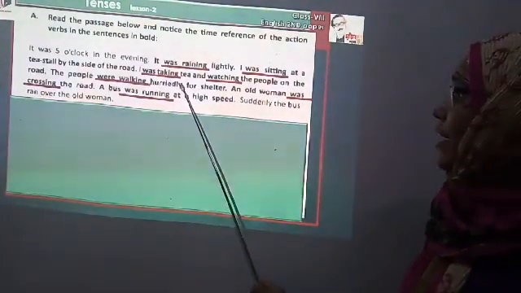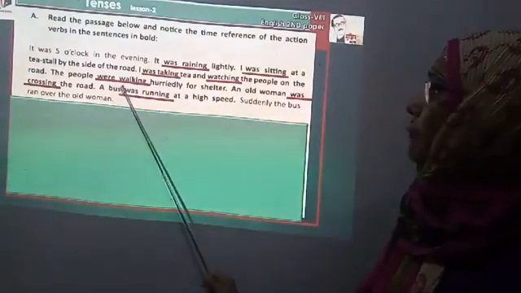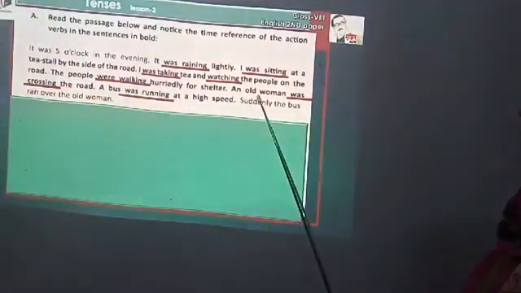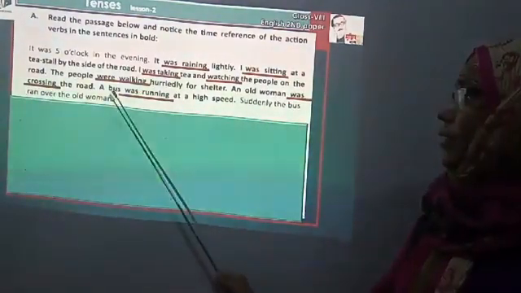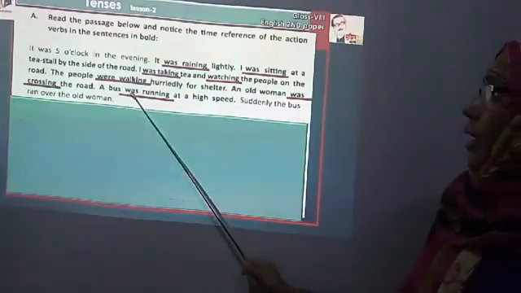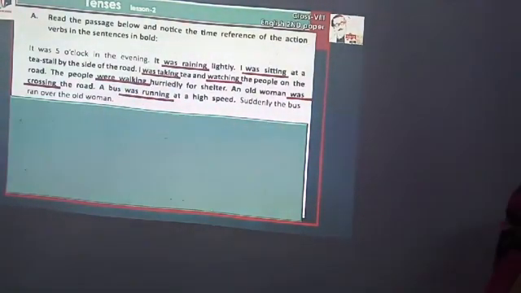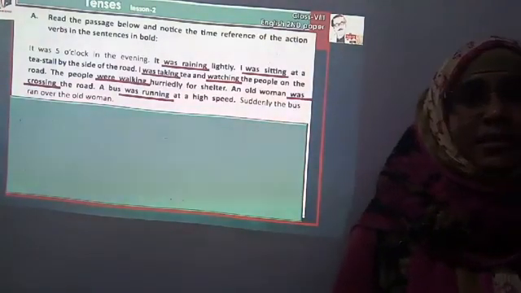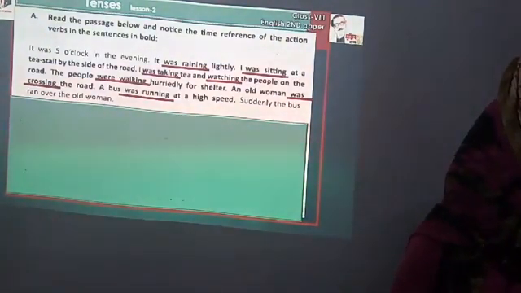I was taking, and I was watching also. The people were walking, and old woman was crossing. A bus was running. Okay, and the time reference of the actions verb in the sentence are past. This is past continuous tense.